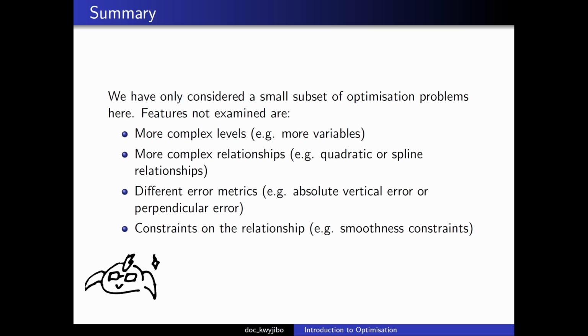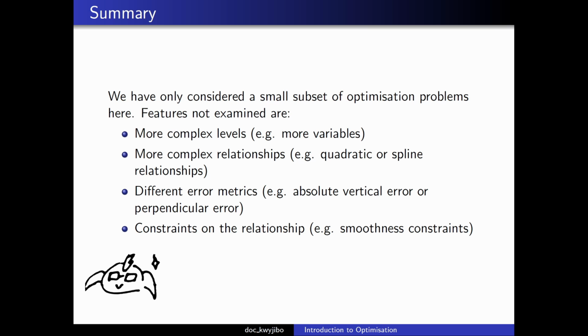So things we haven't looked at is if there are more complex levels, so more variables. What if instead of measuring height and weight, you measure height, weight, and their waist diameter, and look for a relationship between their height with the waist and weight.